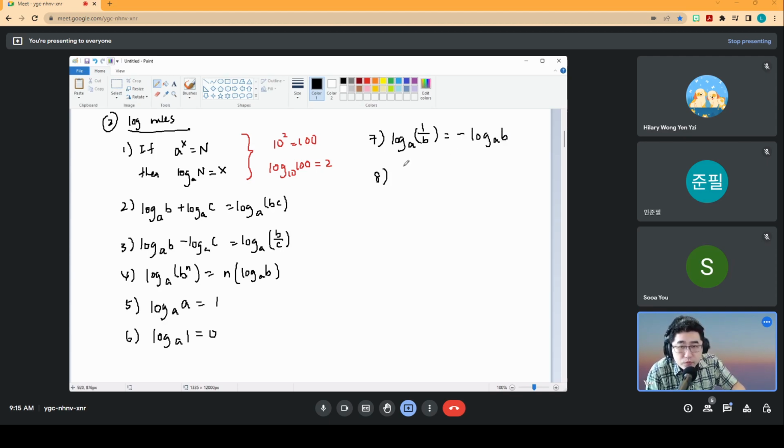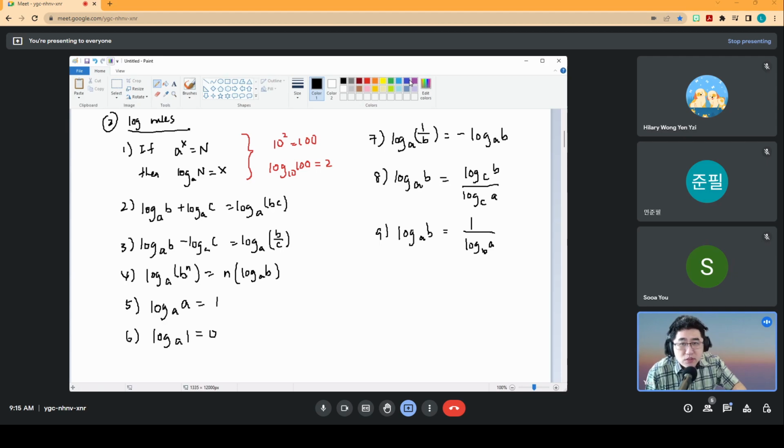Number 8, log a b equals log c b over log c a. Number 9, log a b can be written as 1 over log b a. Any rules that I left behind? Okay, that should be it.